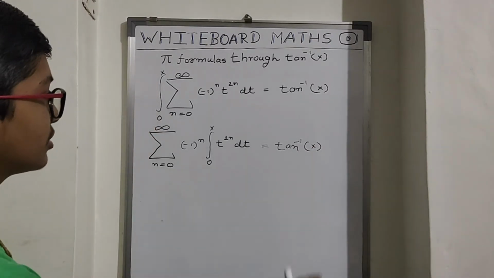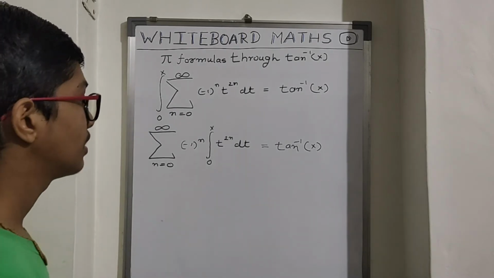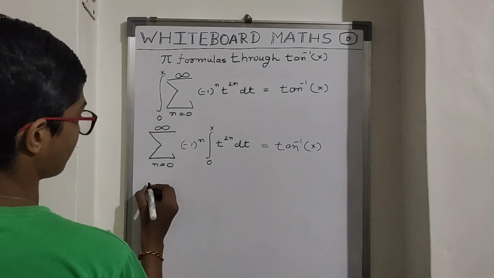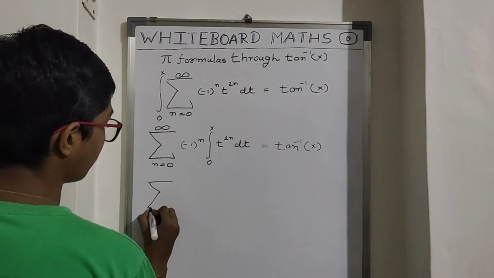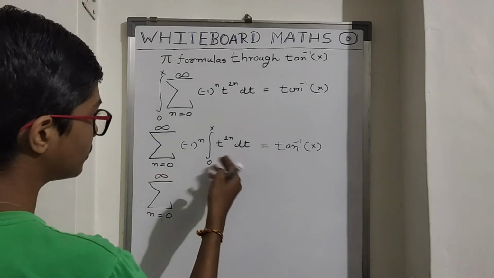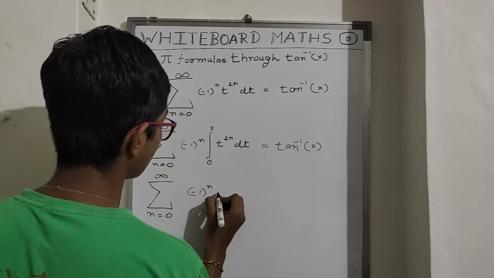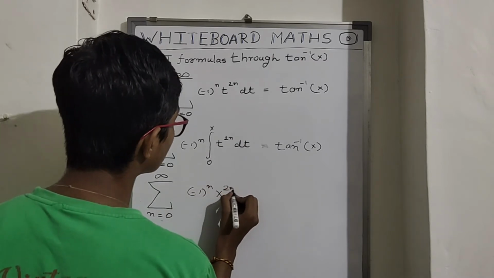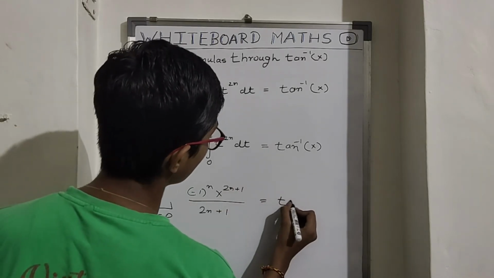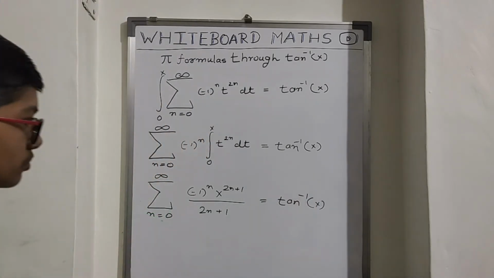So far we have reached this point. Now we have to evaluate this integral. This is a very simple integral. You evaluate it and you would get x to the 2n plus 1 over 2n plus 1, and this would equal the inverse tangent function.